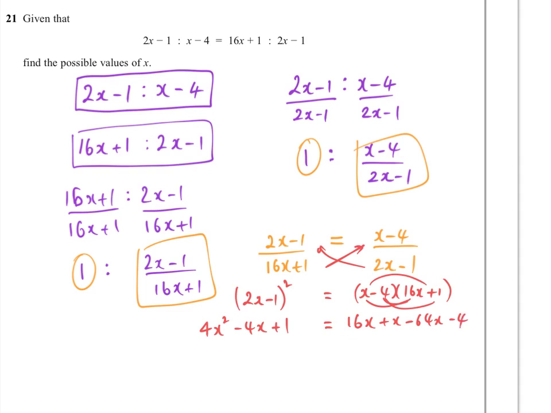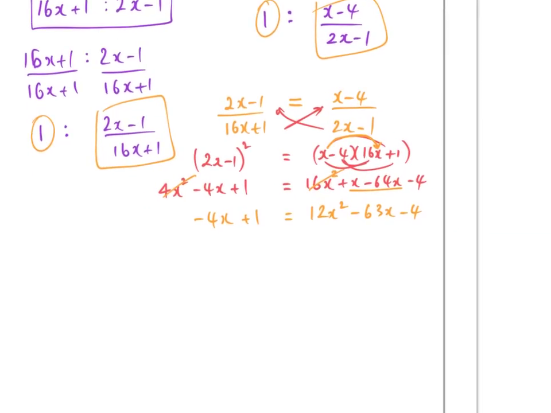Now, just checking my work again, I can see a mistake. X times 16x is 16x squared. So let's get the x squares on both sides. So I can take 4x squared from both sides, and that gives me 12x squared here. I'm just going to simplify the right hand side here. I'm now going to add 4x to both sides.